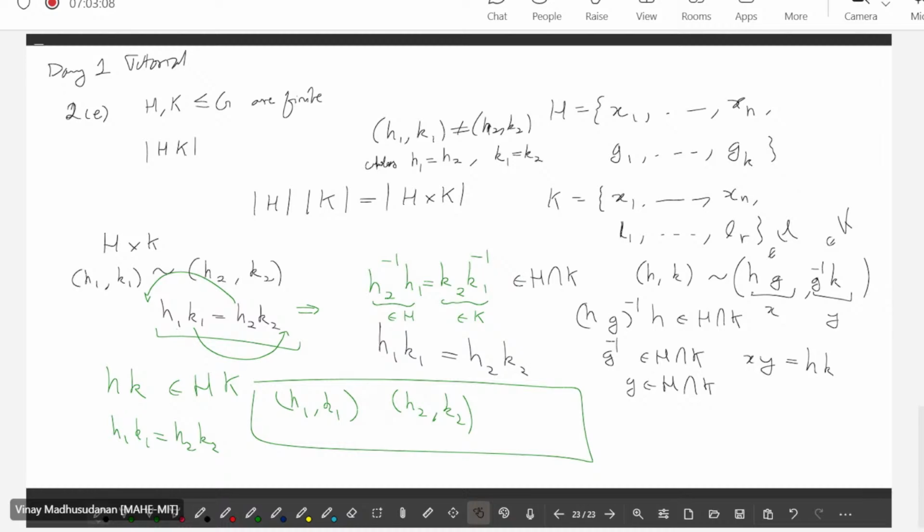If you write that also, you will get G is in H intersection K. So the elements in this equivalence class are exactly these. I can take all the elements of H intersection K and get this. Are they all distinct elements? That is corresponding to distinct elements of H intersection K. Do I get distinct elements here? By cancellation, yes. If you change G, H is same. You're taking one element from this equivalence class and trying to generate all the others. Do you understand what is going on?